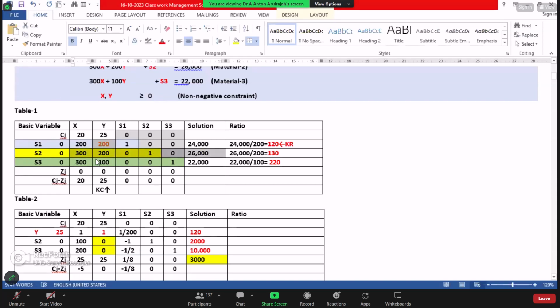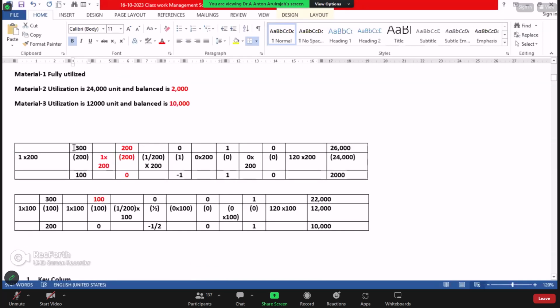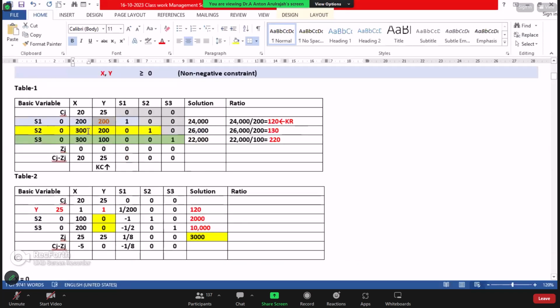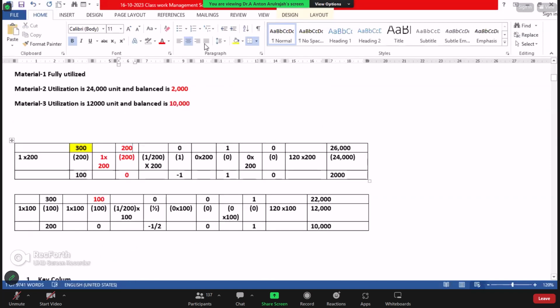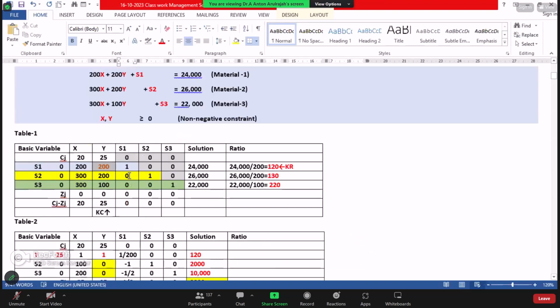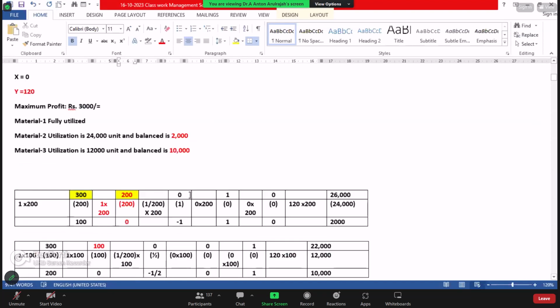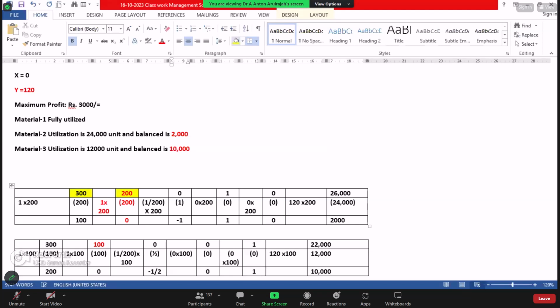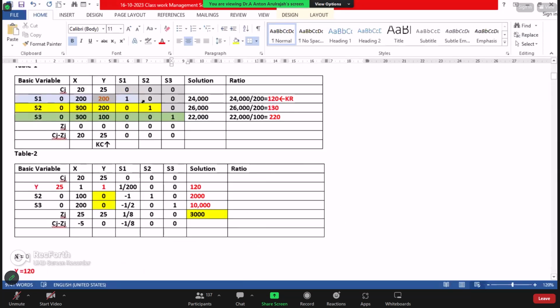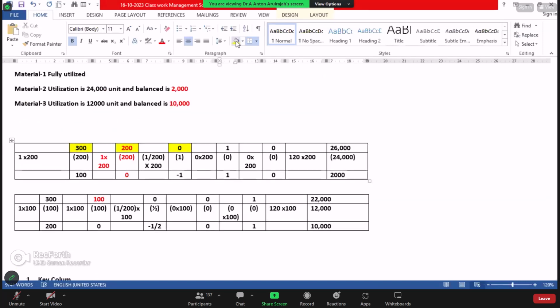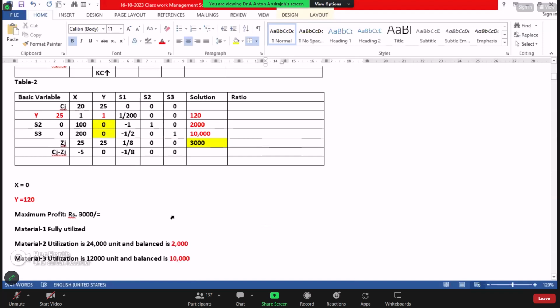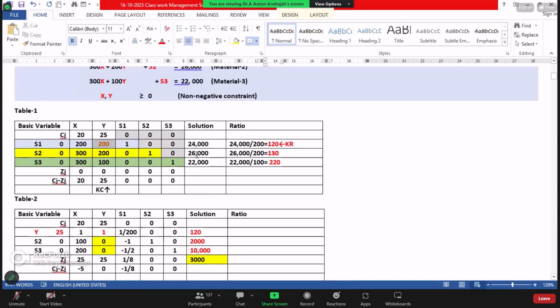So I copy this 300, this 300, this 200, this is 0, 0, this is this one, this is 1, this is 0. This 0 is from here, all coming from here. Yes, this is 26,000.